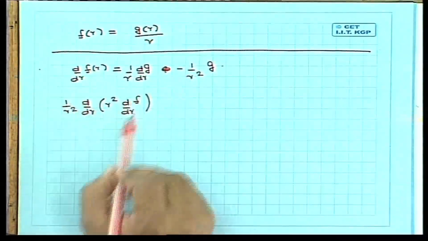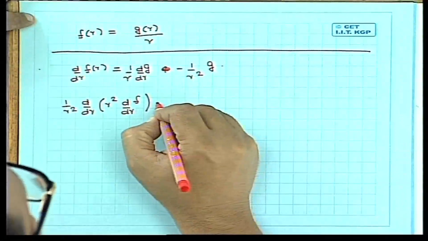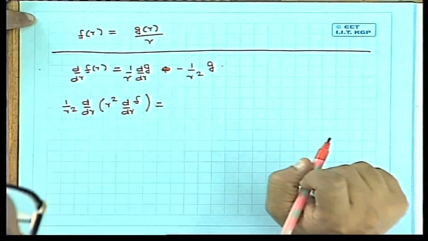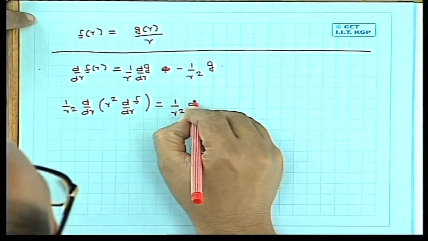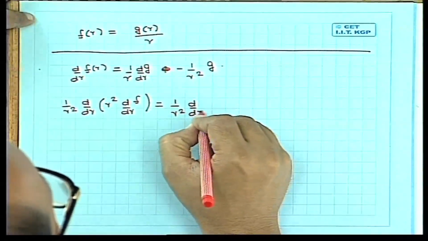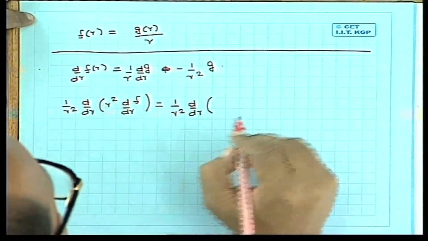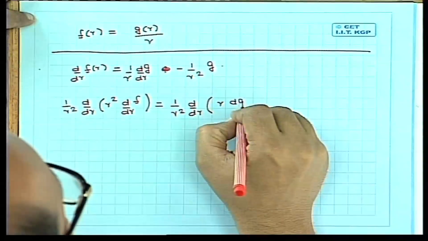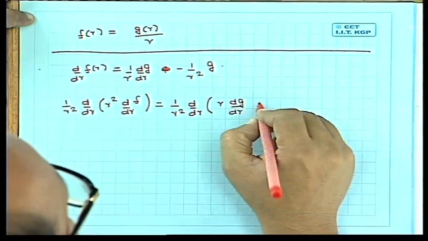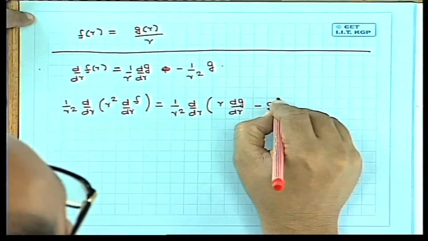This is the term which appears in the radial part of the Schrodinger equation, and written in terms of g, what this gives us is 1 by r square d by dr of r into dg by dr minus g.